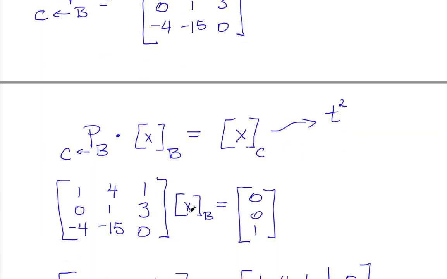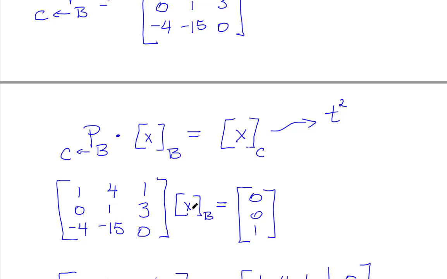And so they want us to represent something in terms of our C vectors in terms of t squared. Well, t squared in C, the normal basis, would be 0, 0, 1. I need to figure out what it would be relative to the B basis that they gave us, which means I need to solve for that. So here's my transformation matrix.